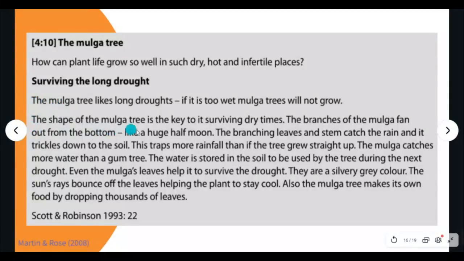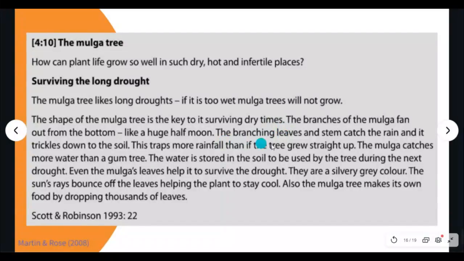The shape of the mulga tree is the key to its surviving dry times. The branches of the mulga fan out from the bottom like a huge half moon. So first, it talks about how it survives during the dry times.